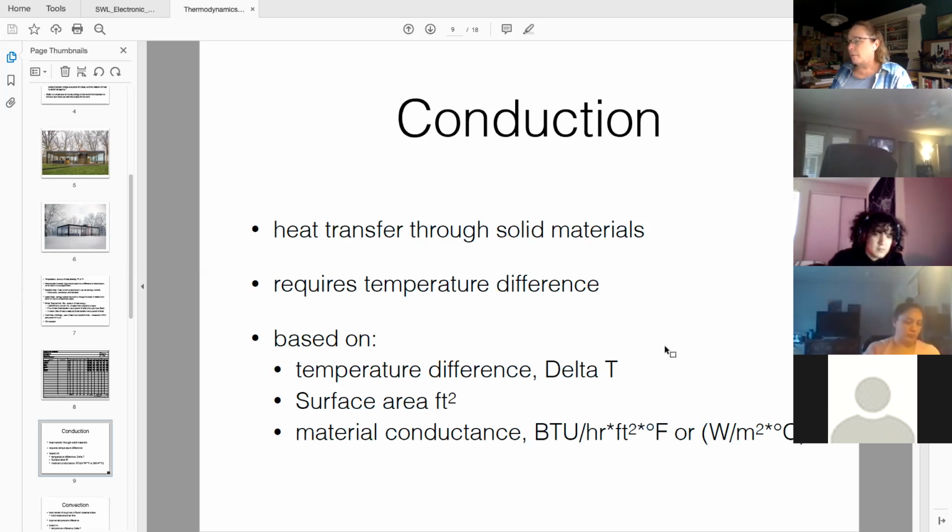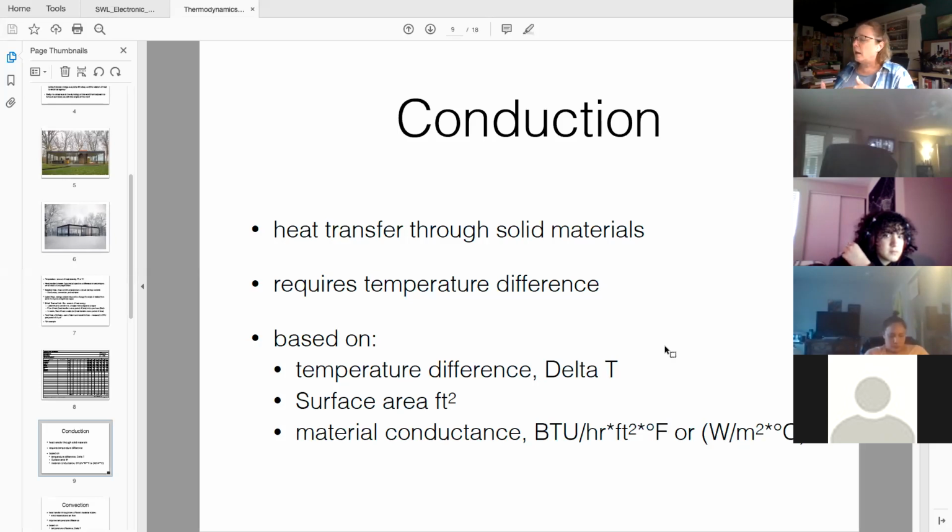For example, metal is highly conductive, so it is at the high end of conducting, versus, let's say, what doesn't conduct very well? Maybe fabric, glass. Glass is not highly conductive either.